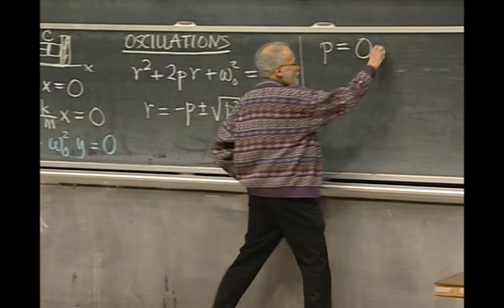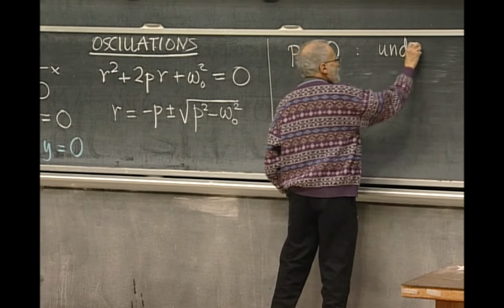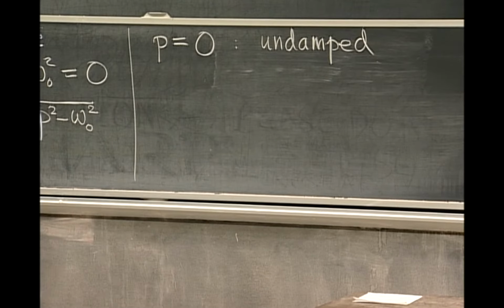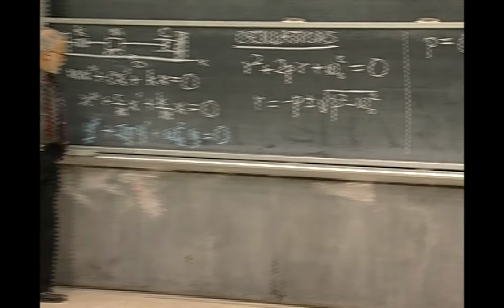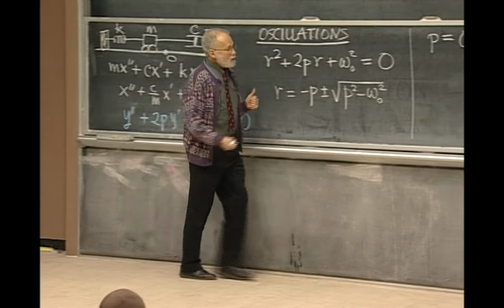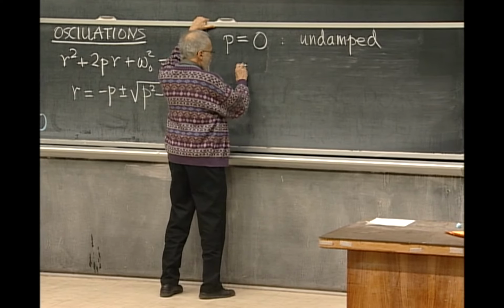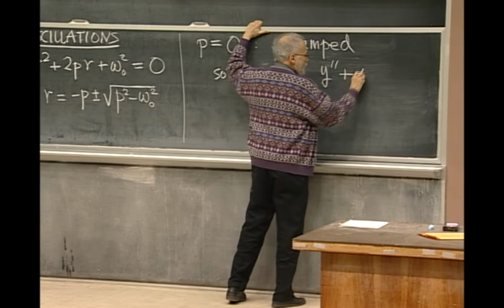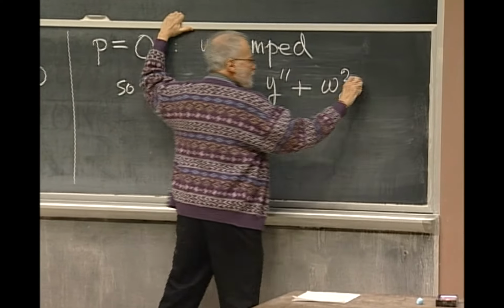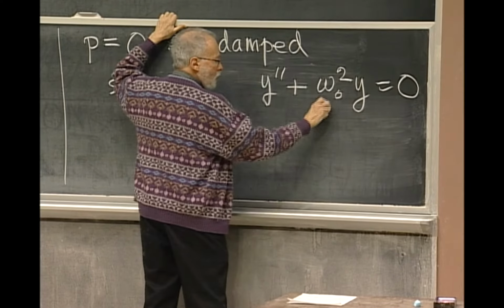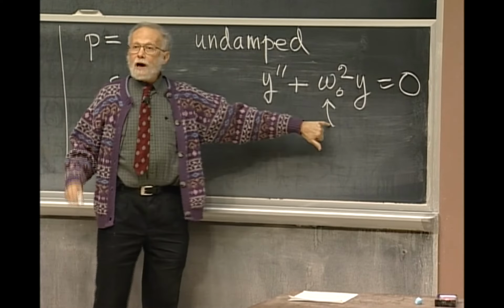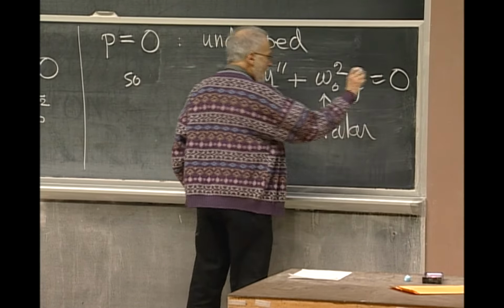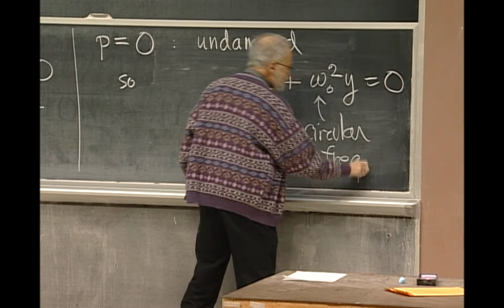So p equal to 0 corresponds to undamped; there is no dashpot. The equation becomes the equation of simple harmonic motion, which I think you are already used to writing in this form. The solutions are pure oscillations, and omega naught is their circular frequency.